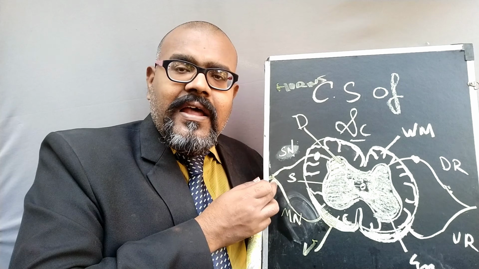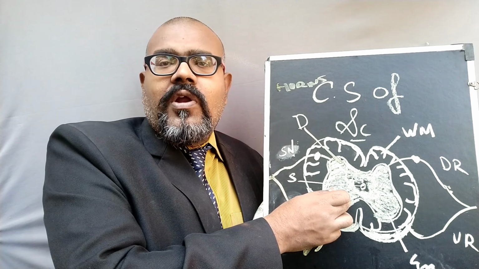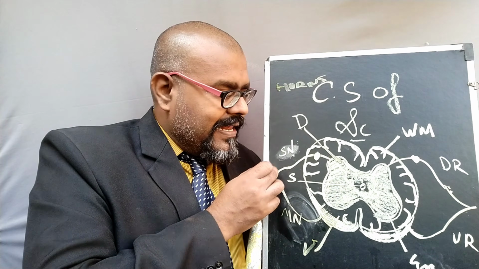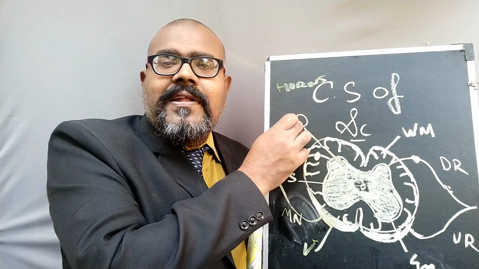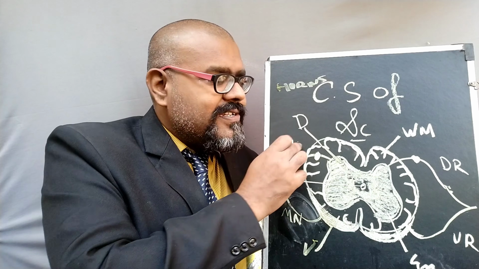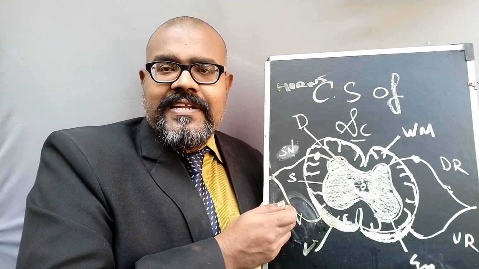In the ventral root, the motor neuron will enter into the gray matter. In the dorsal root, the sensory neuron will enter, that is the afferent part.